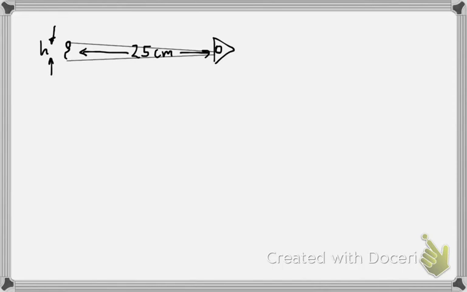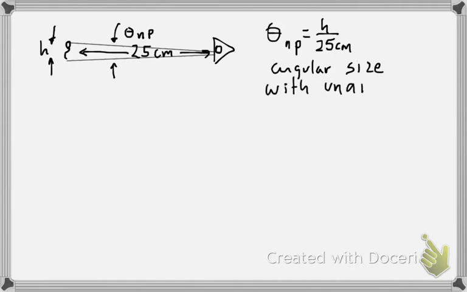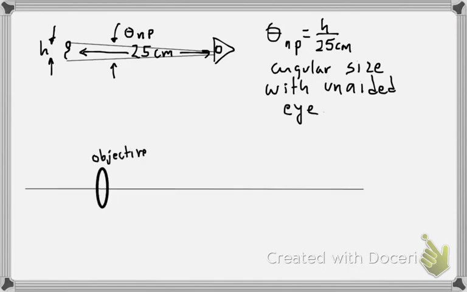So the angular size of the object, as we said before, theta np, that's the angle at the near point of the eye, would be h divided by 25 centimeters. That's the angular size with the unaided eye. So this is the angular size that we are going to compare to once we get the angular size of the microscope. So microscope, again, basic idea, you're going to use a converging lens for the objective.